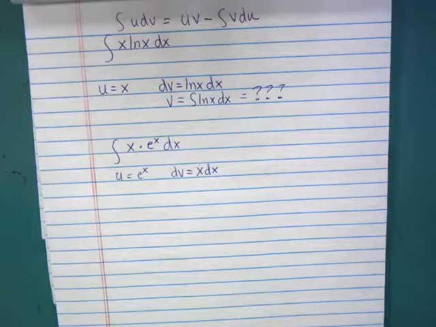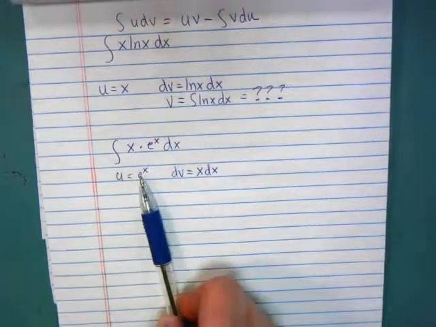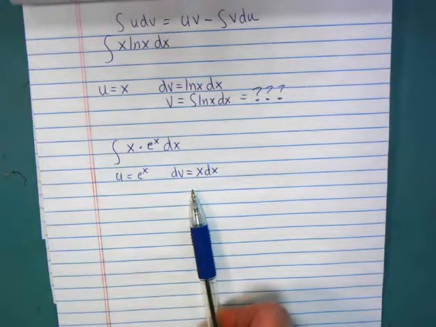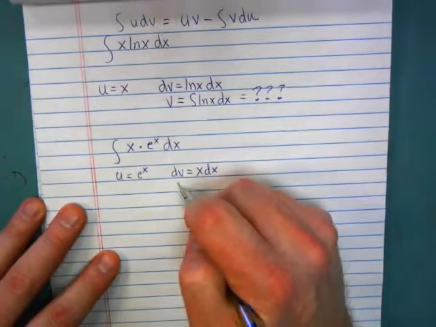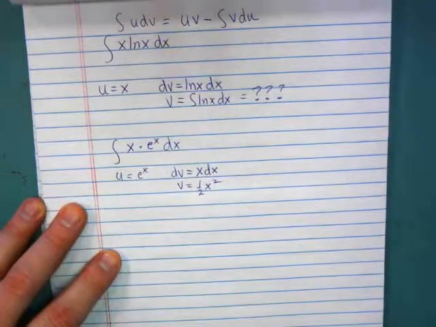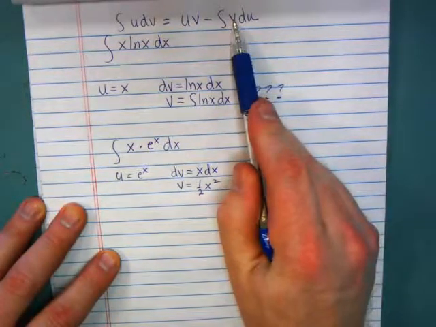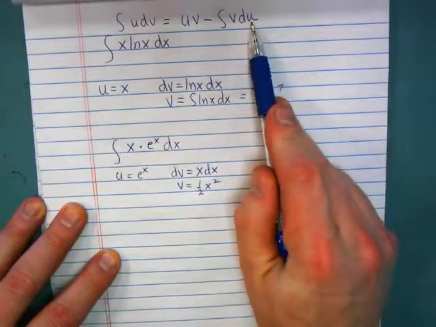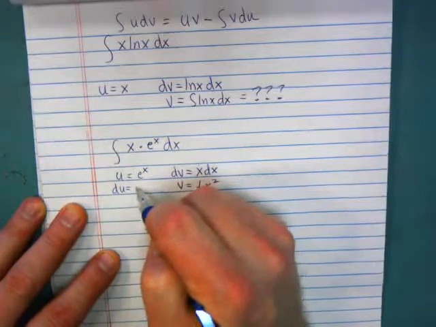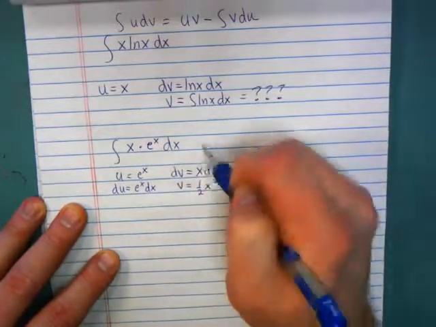All right, so again, to use my formula, I need to know u, which I always know, and then I need to know v. In order to find v, I need to integrate. So what's v? 1/2 x squared. And finally, I need to know du. So I derive. So du is e to the x dx.